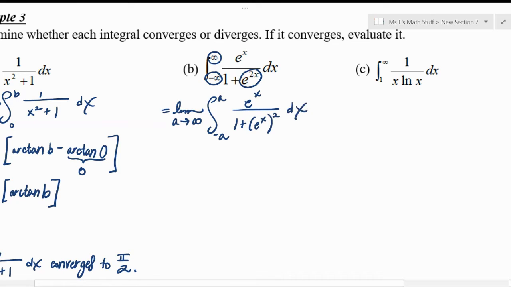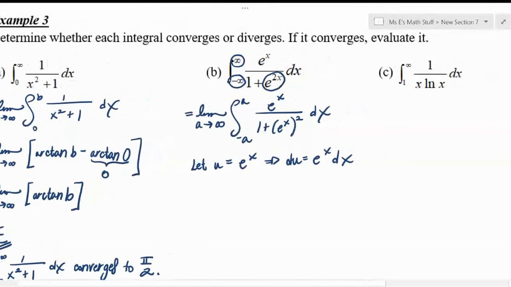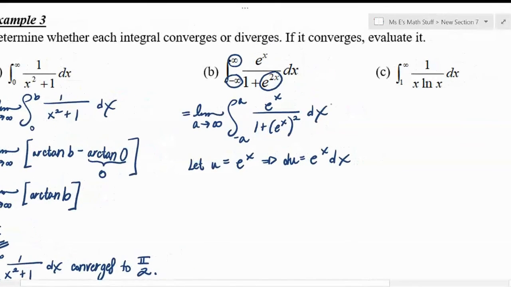I'm hoping that if you didn't see it before, you could see that this is going to end up being an arctangent situation. And hopefully just by writing e to the 2x as e to the x squared, it makes it a little more obvious. So I'm going to let u equal e to the x, and then my du would be e to the x dx, which is right there.